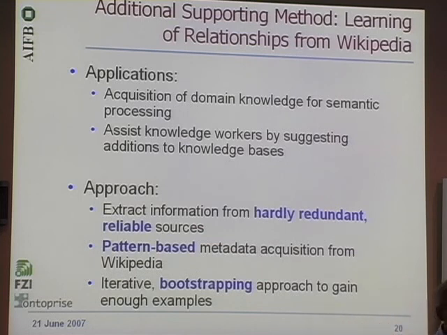What is specific in that situation when you want to learn something from a Wikipedia environment is that you have no redundant information in the end. Because you have one page describing one specific entity, and there you find all relevant information. That's completely different to going to the web where you find these millions of pages relating to the same kind of fact. So you need some approach being able to handle that specific situation.